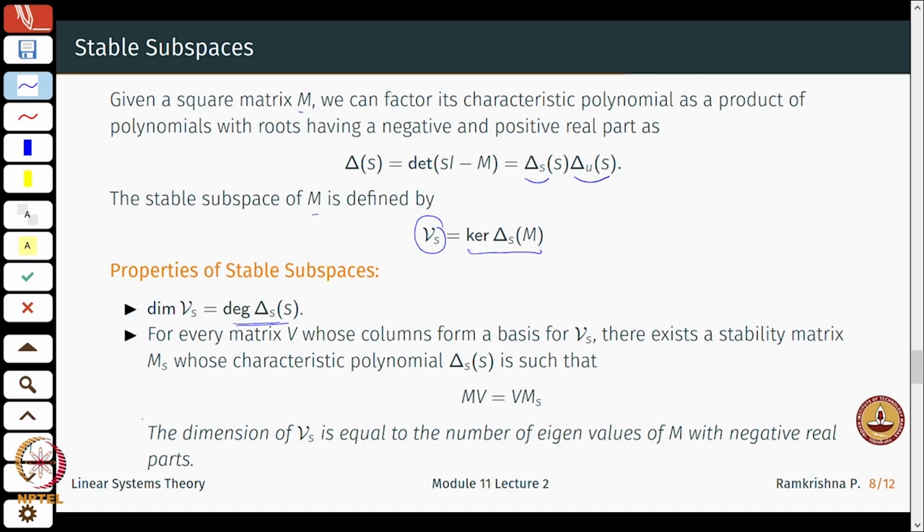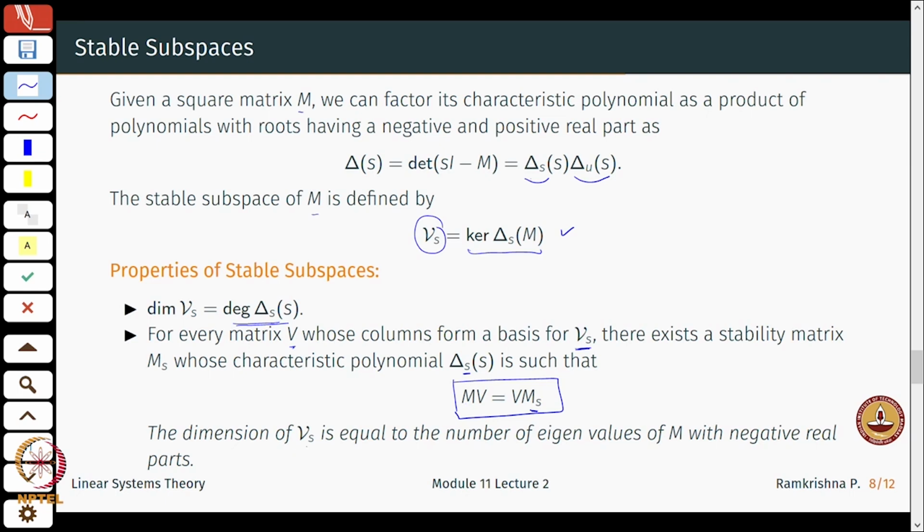Now, in addition, for every matrix V whose columns form a basis for V_s, the stable subspace, there exists a stability matrix M_s whose characteristic polynomial delta_S is such that this relation holds. Something similar to the controllable decomposition kind of thing that we did. Okay. Now, what does this mean?